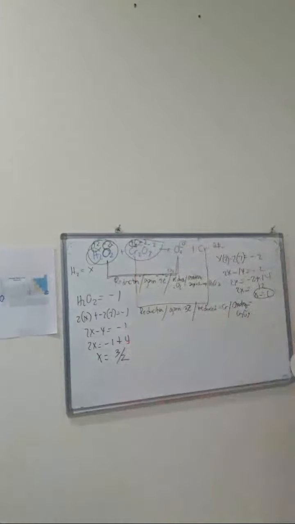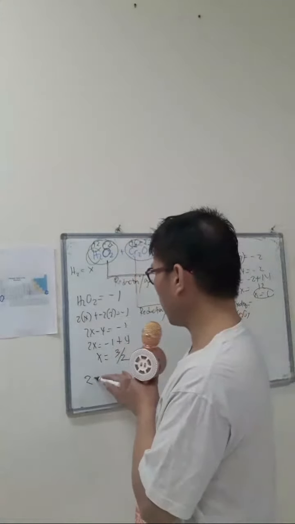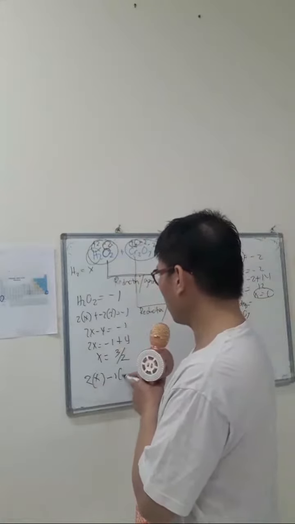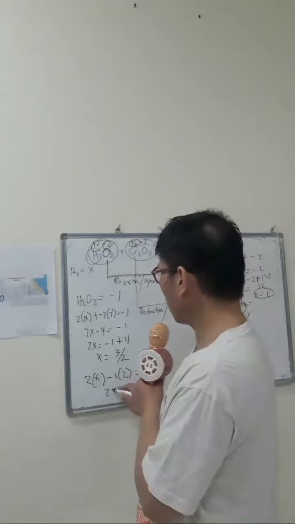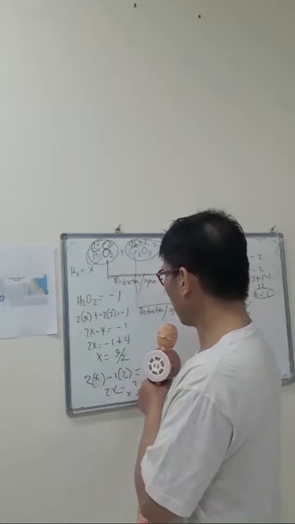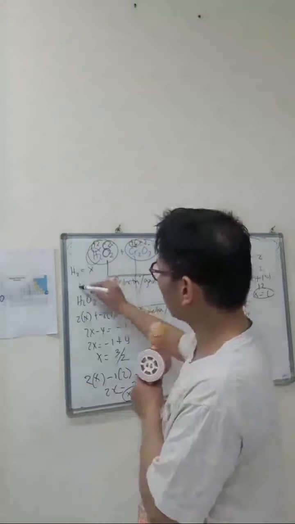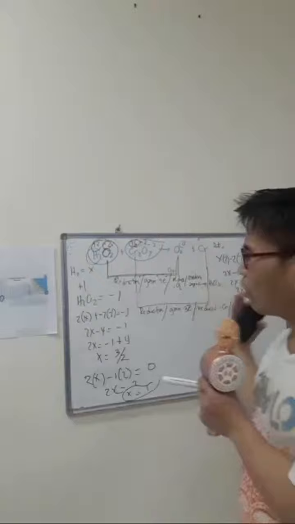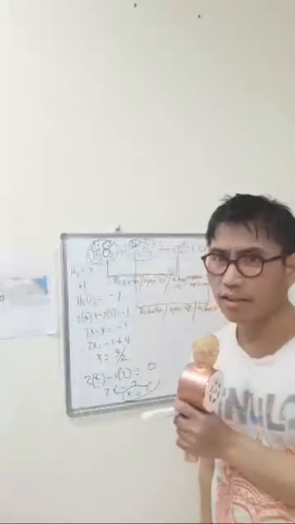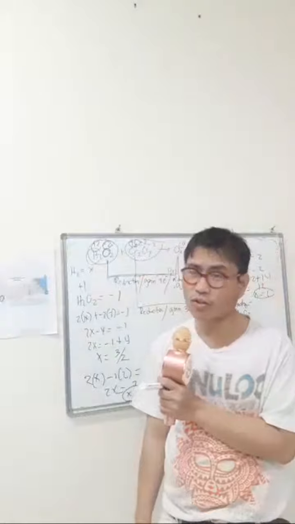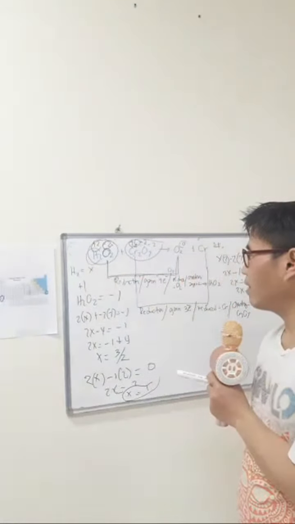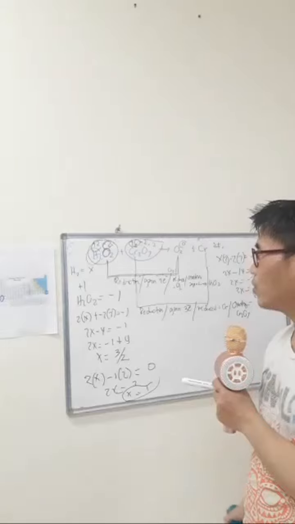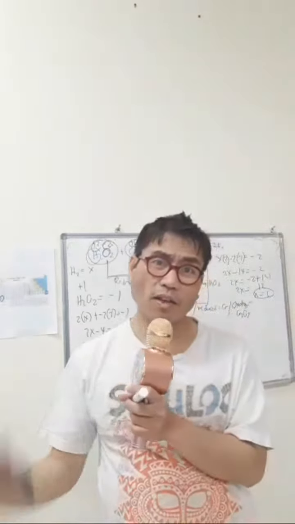Or you can say, another way around, 2x plus (-1 times 2) equals 0, 2x equals 2, x equals 1. X is positive 1. So you have two options: you can use the overall charge of peroxide, which is -1, or you can treat it as hydrogen peroxide with no charge, equal to 0 because it's a compound.